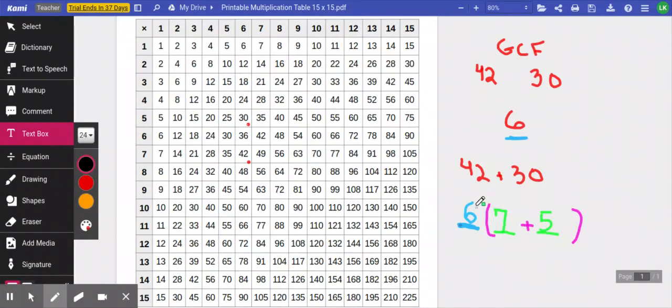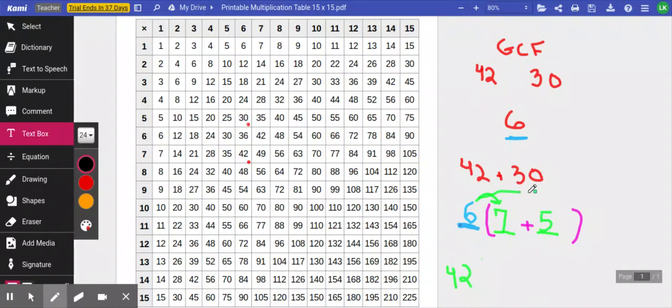Let's test it out. Is 7 times 6 42? Yes, it is. So it does equal 42.